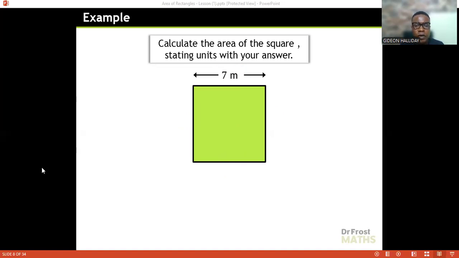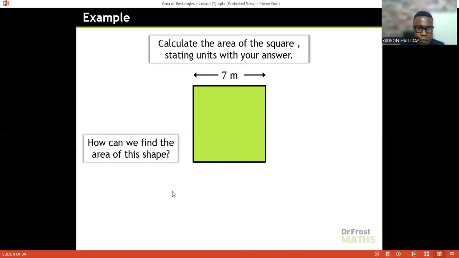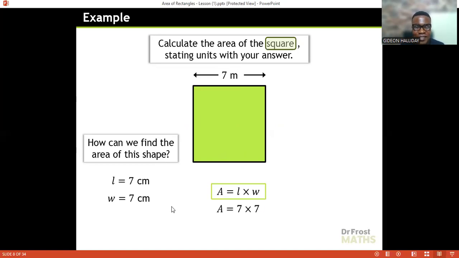So to find the area of a square, the length is 7 and the width will also be 7 meters. So that's 7 times 7, and that's 49 square meters.